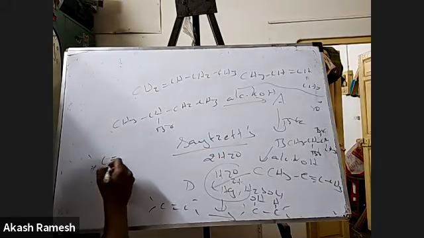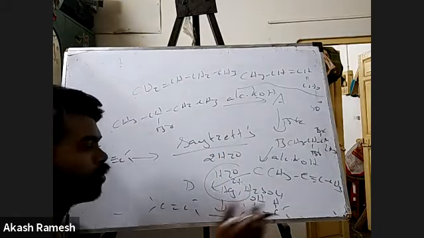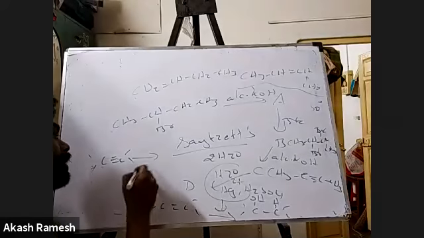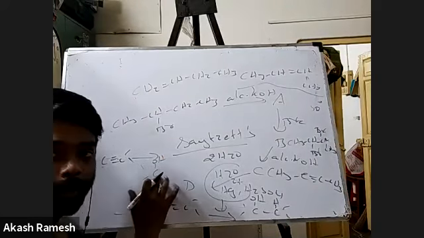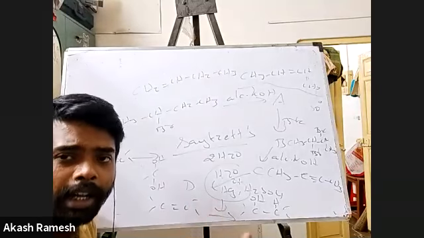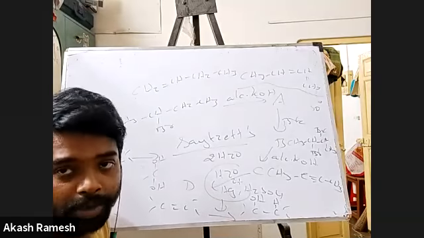When you have C triple bond C, and when you're going to use this one, H2O, Hg2 plus, H2SO4 and all that, you are going to have two OH groups on the same carbon atom because of Markovnikov's rule. Okay, we'll come to that. Markovnikov's rule says that the nucleophile has to attach itself to the carbon atom which is more substituted.